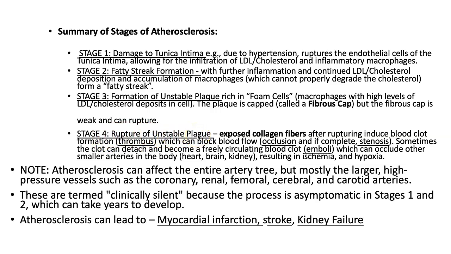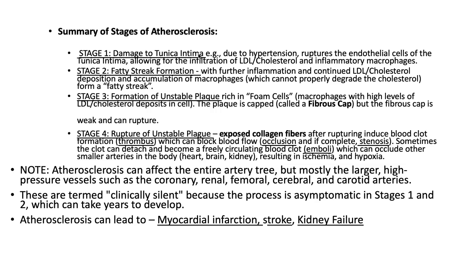What I would want you to be able to match up is what's happening during those stages. So stage 1 and stage 2 are silent. What happens is that the innermost lining of the artery, called the tunica intima, tears. And that could be due to hypertension or old age.